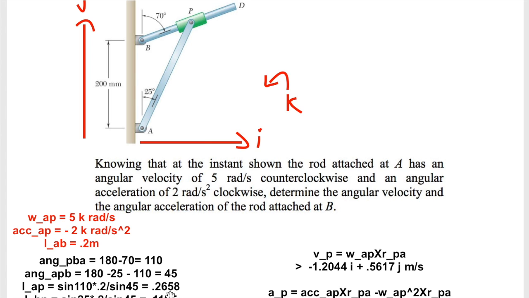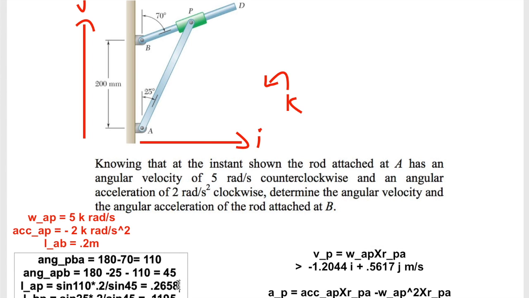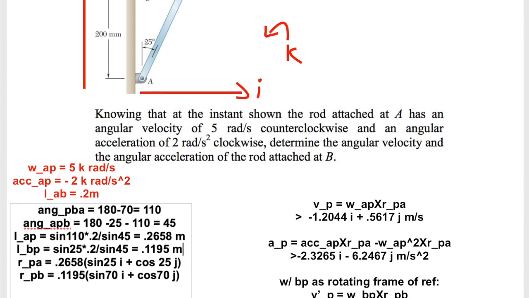So we know this length AP is this right here, in meters, and this is in meters. With that knowledge, we can find the radius of P from A is this, and the radius of P from B is this.